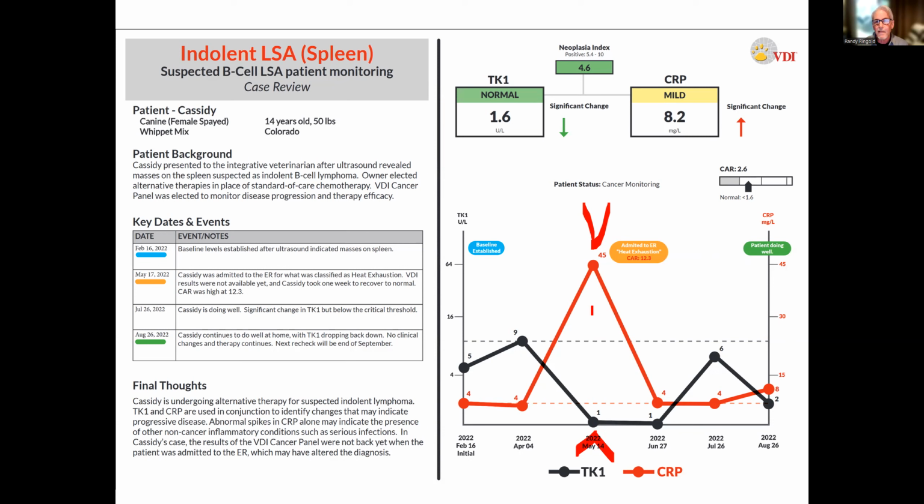So that means there was an inflammatory response not associated with TK. This patient happened to get admitted to ER for heat exhaustion, and had nothing to do with cancer. It went back down after being treated. And then, of course, this patient remains fine, just being monitored for indolent lymphoma.